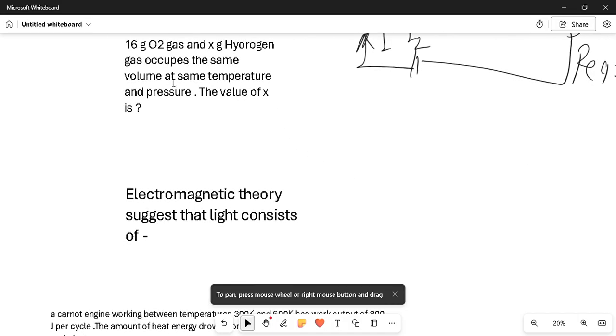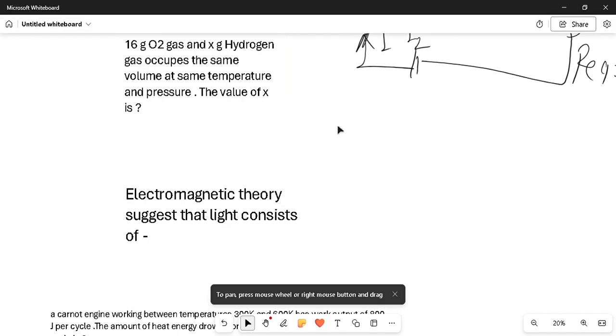16 gram oxygen gas and x gram hydrogen gas occupy the same volume at the same temperature and pressure. The value of x is?